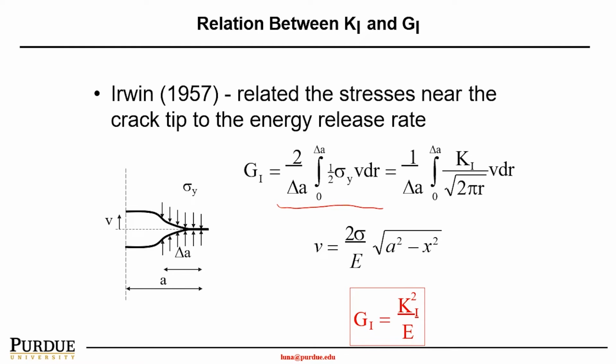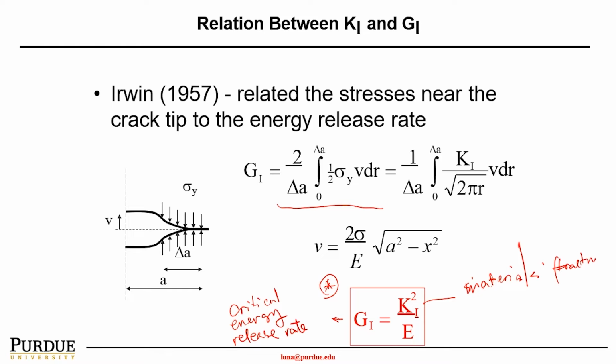Therefore, he got the very famous equation G_I equals K_I squared divided by E. G is the critical energy release rate, as we discussed in Griffith's theory. K_I is the material's toughness, or stress intensity factor, the fracture toughness.